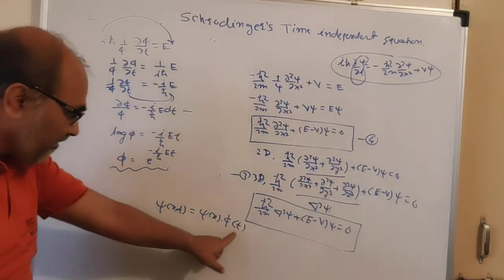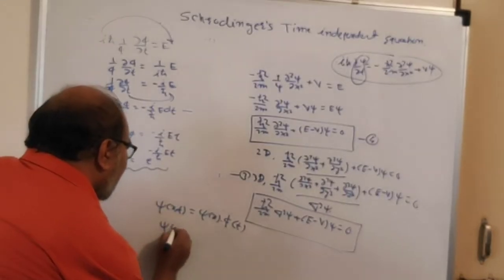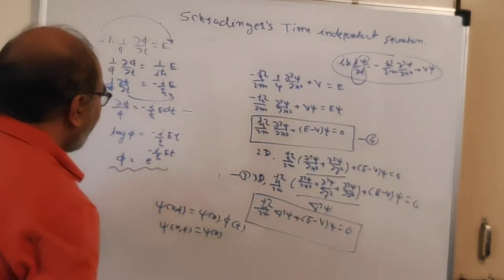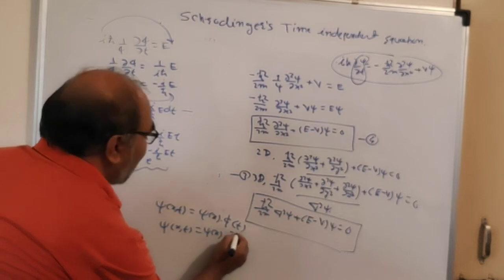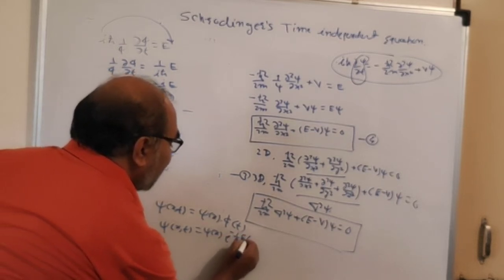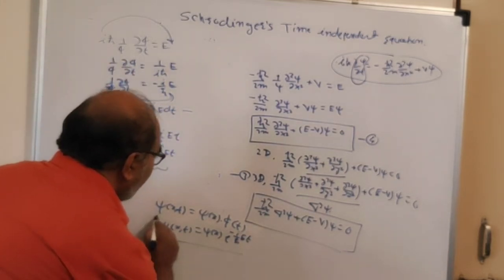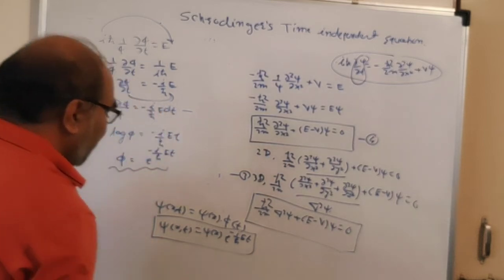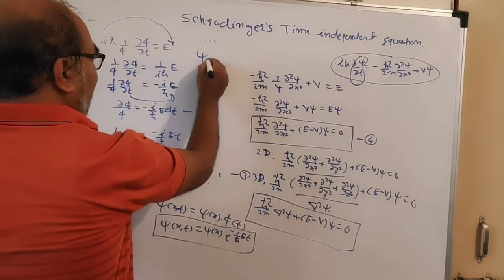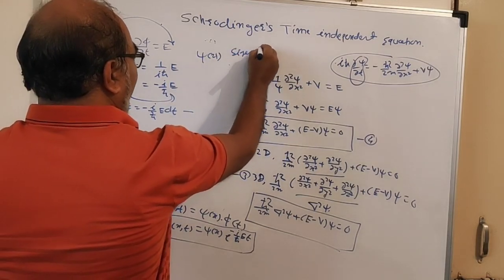So psi of x,t is equal to psi of x into e raised to minus i by h cross E t. This is the wave function from the starting particle, where psi of x is called the eigenfunction.